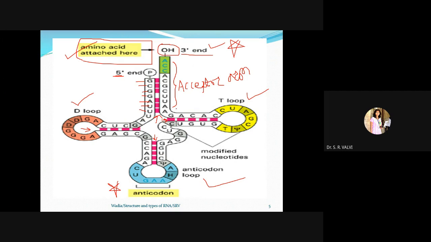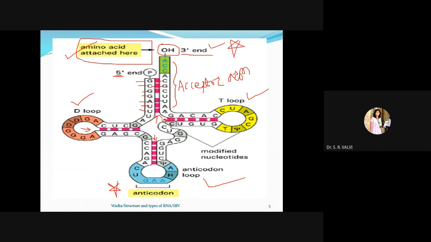Whatever pink color structure you are observing, that means the 5 nucleotide bases of the 5 prime end are attached to the nucleotide bases of the 3 prime end. See here, G is paired with C. Again, C is paired with G. It is clearly mentioned. Let me change the color of my pen. Again, A is attached to U. Now see here, why is T not here? Because this is RNA.